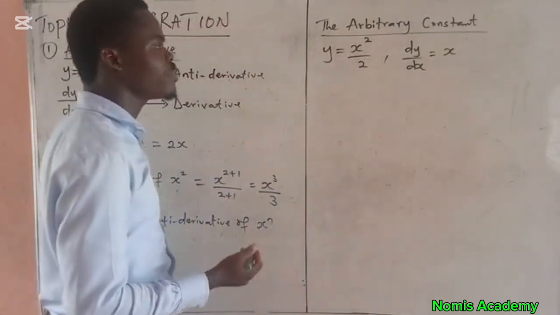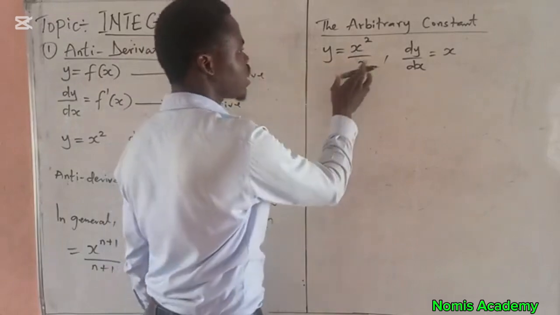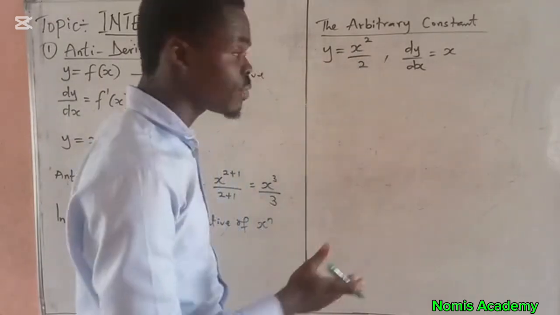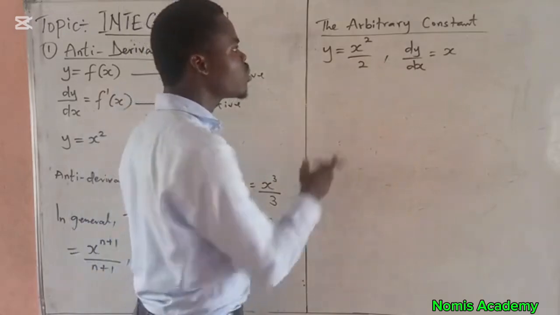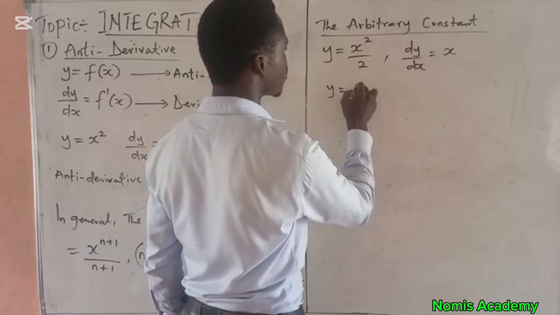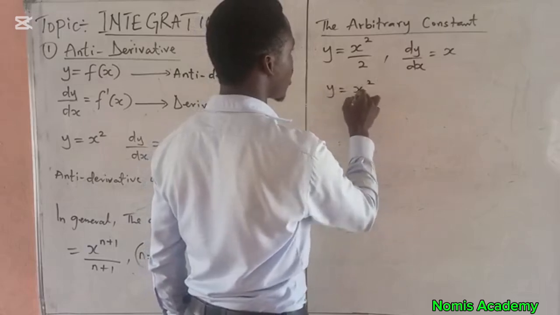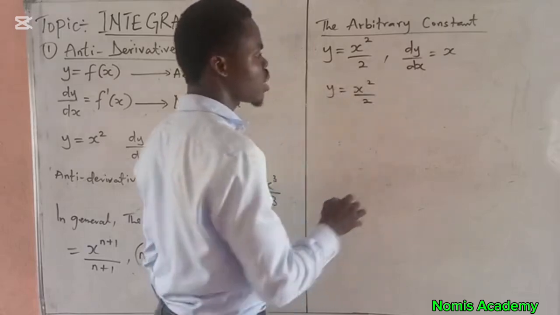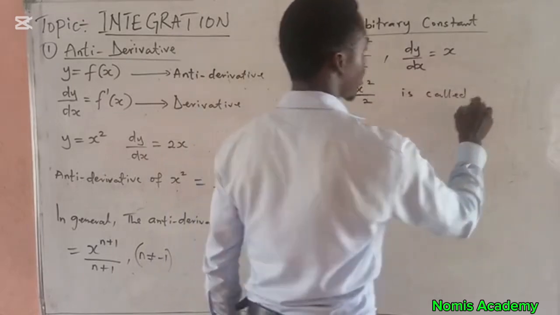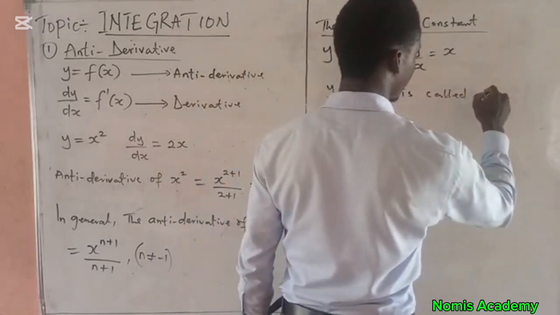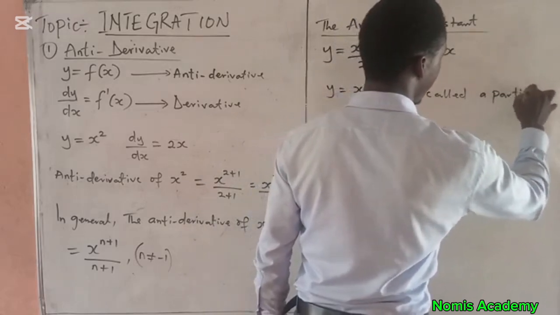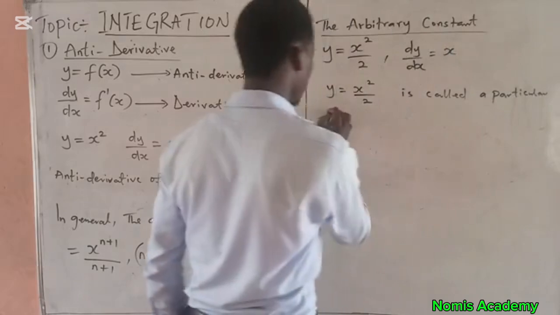So the antiderivative of x is actually x squared over 2. Now, this antiderivative, y equal to x squared all over 2, is called a solution, or a particular solution.